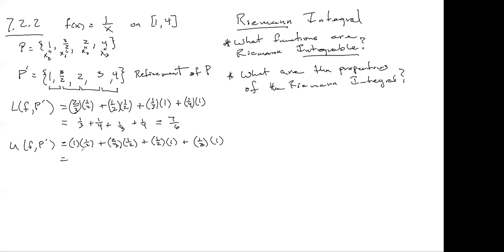So our upper sum now is a half plus a third plus a half plus a third, so we've got 1 2/3. So what is that? 5/3?